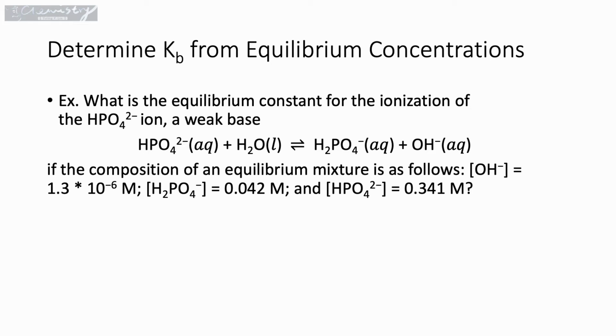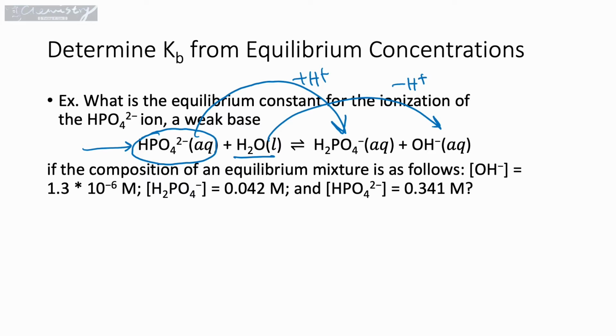What is the equilibrium constant for the ionization of the HPO4 2- ion, a weak base, if the composition of the equilibrium mixture is as follows? Looking at this, the first thing we can see is that this equation has hydrogen phosphate in water acting as a base, because it is gaining a proton while water is losing a proton.